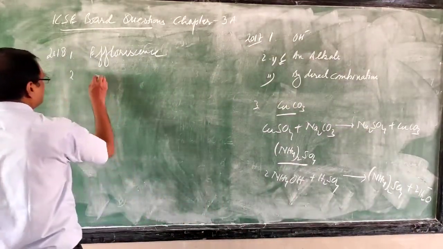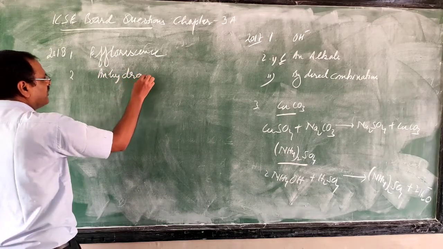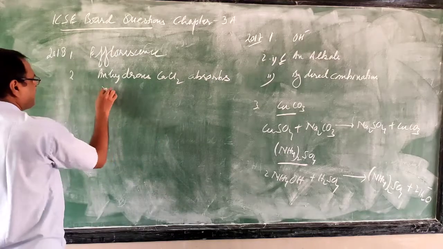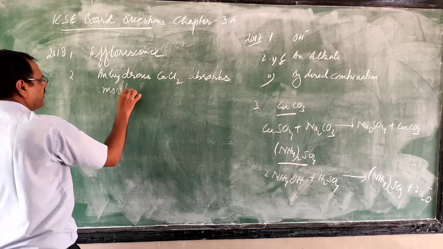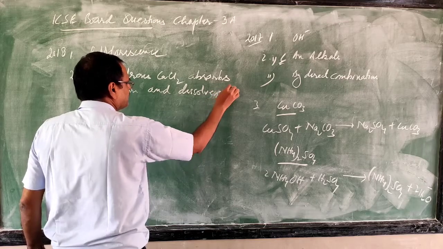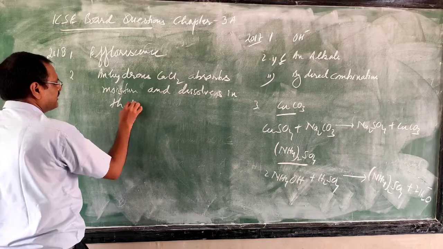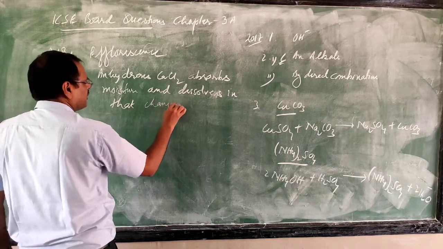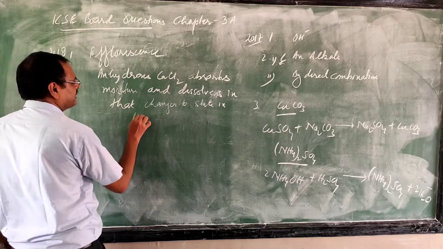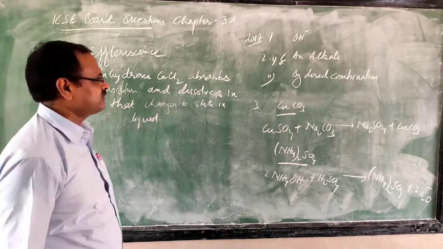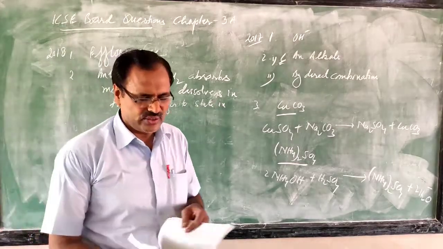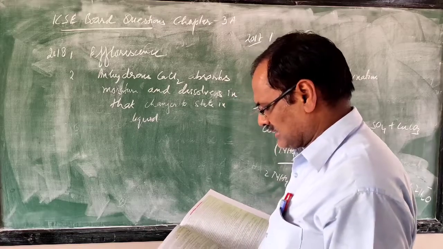This anhydrous calcium chloride absorbs moisture and dissolves in it, and changes to liquid state. So anhydrous calcium chloride is a deliquescent salt, so it will absorb moisture, then turn to a liquid. So that was the 2018 first question.